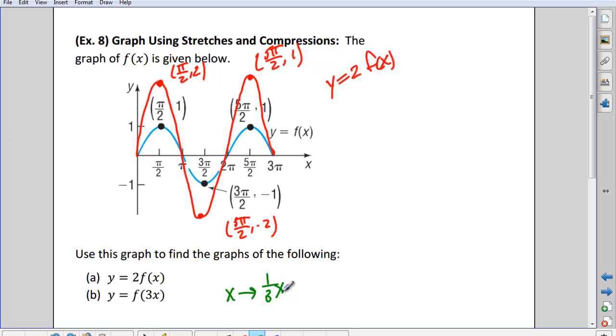Now, what's that going to look like? For this point, pi halves, 1. To take pi halves and multiply it by 1/3, we get pi over 6, 1, which is like right here.